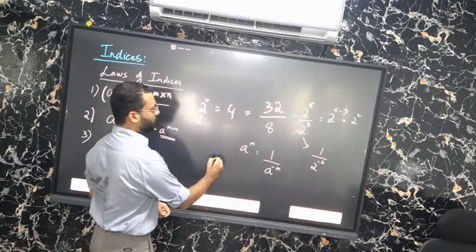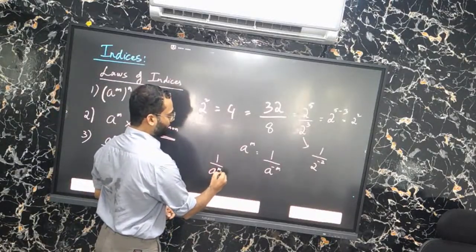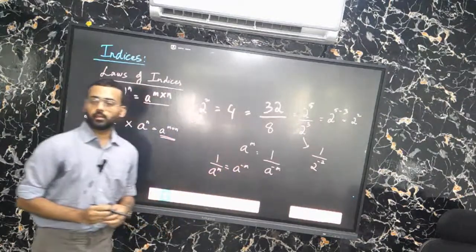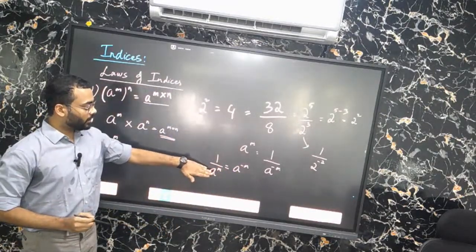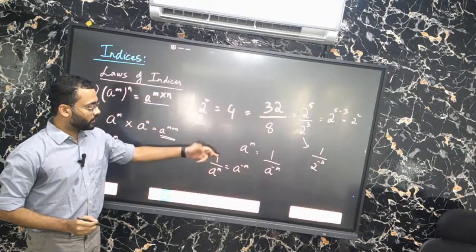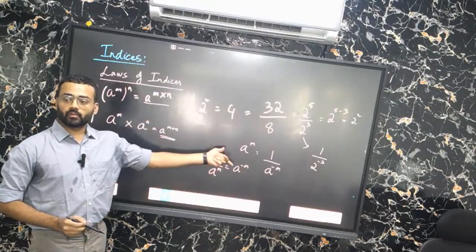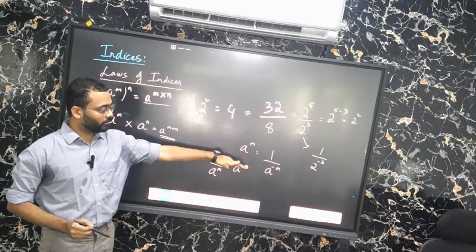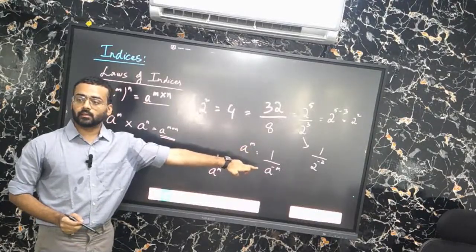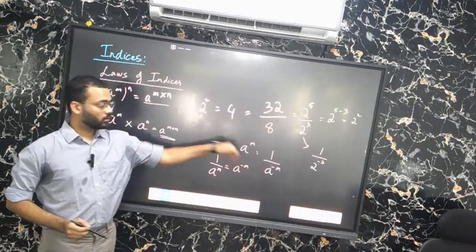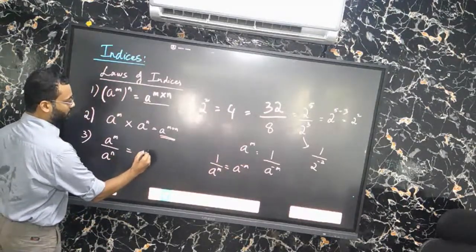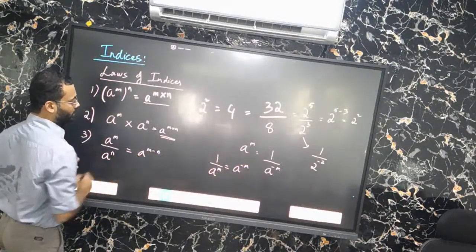Or if I have 1 by a power m, I can also write this as a power minus m. If I want to bring the denominator to the numerator, the power will become the negative of it. If I want to bring the numerator to the denominator, that power will again become the negative of it. So here it is nothing but a power m minus n.